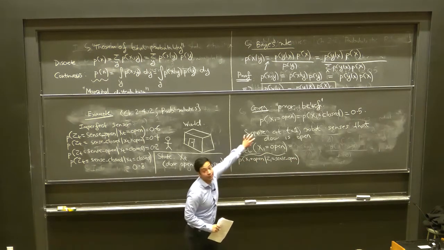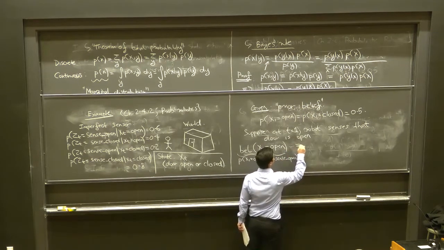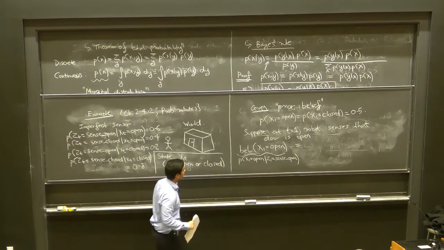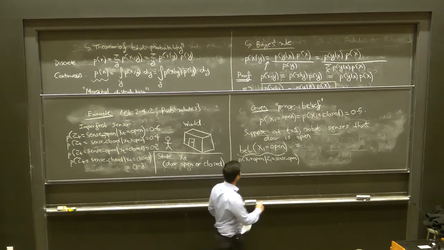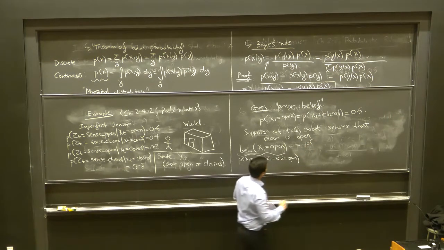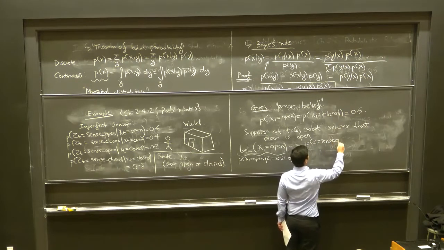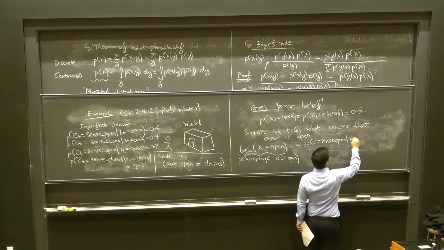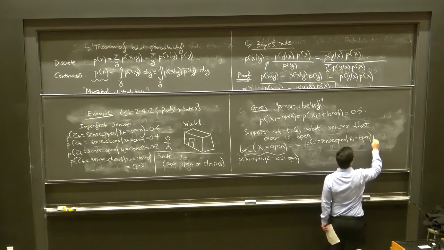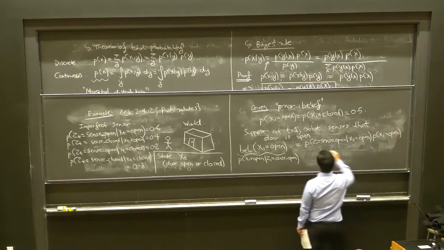So that's what we're assuming the robot senses. This is where Bayes' rule comes in. We have this conditional probability that the door is open given the sensor measurement, and we can apply Bayes' rule here. So P of x given z is P of z given x multiplied by P of x, divided by P of z.